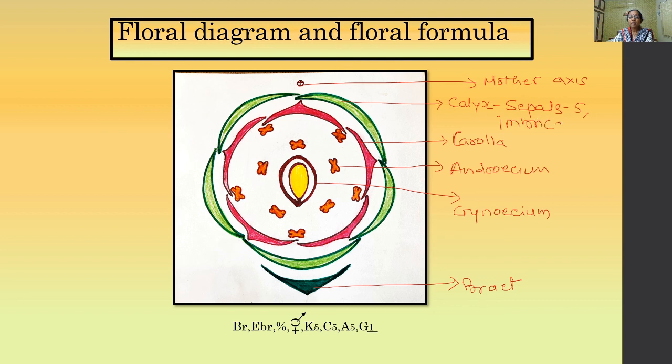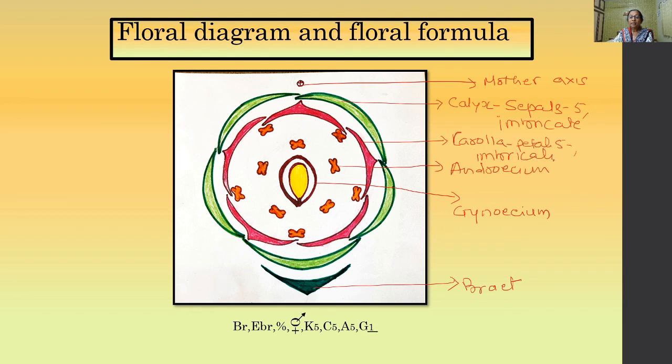Imbricate means one inner, one outer, and 3 of them are overlapping with each other. Then in case of the corolla, petals 5, polypetalous, they are not united, so they are polypetalous in nature, and the estivation here is again imbricate.